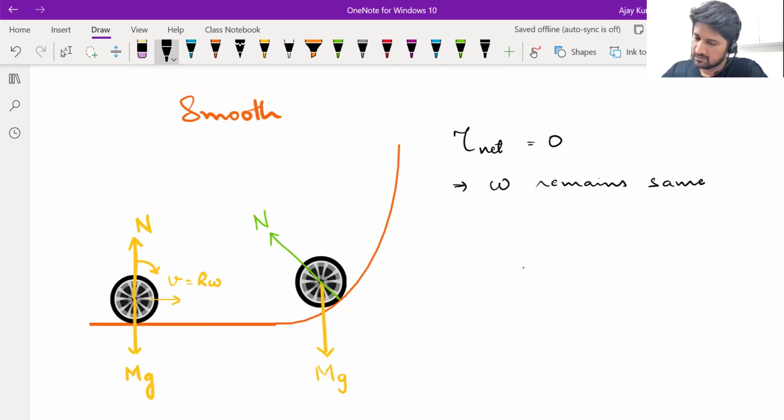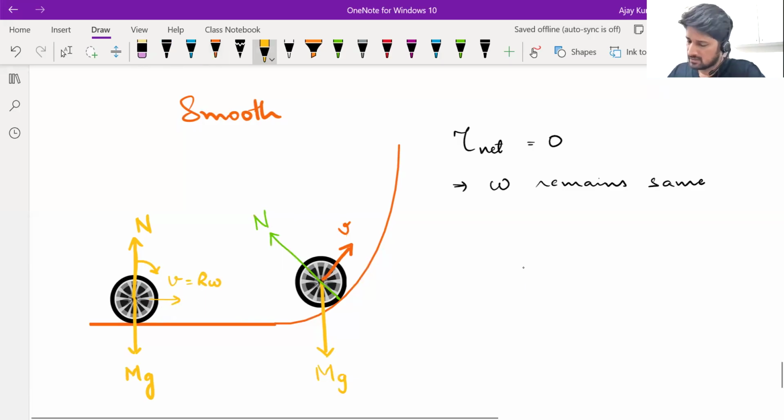But see, while ascending on the smooth surface, the velocity will be in this direction. A velocity of any moving object has to be tangential to the path. So center of mass velocity will be in this direction. Now, if you see, mg has a component opposite to that velocity. So that component of mg opposite to velocity, what it will do, it will slow down the system.